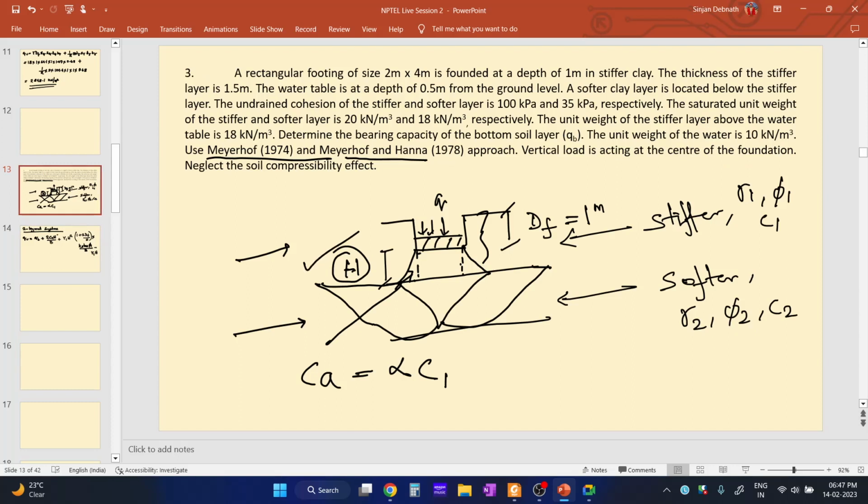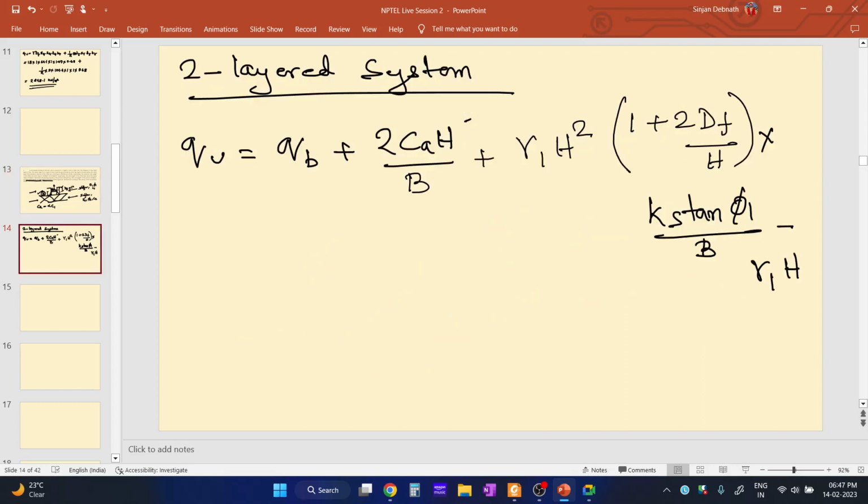H is the thickness between the base of the foundation and the end of the top layer. B is the width of the foundation. Gamma 1 is the unit weight of the top layer. Df is the depth of the foundation. Now what is Ks?